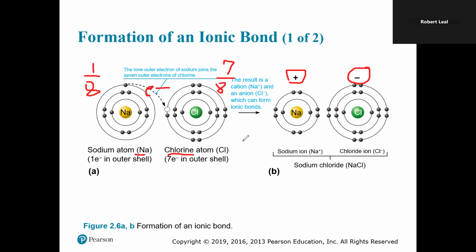The element chlorine that became chloride, we say it's been reduced when it gains the electron, versus the sodium when it loses the electron, we say it's been oxidized. So these reactions in general for short are referred to as redox reactions. They simultaneously happen where one element has been reduced, it gained an electron, and the other one loses an electron, has been oxidized.